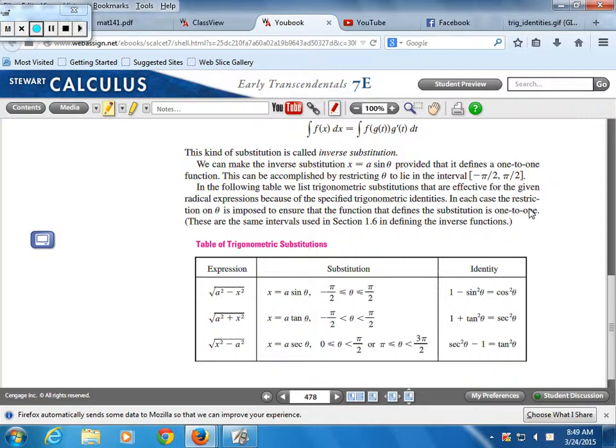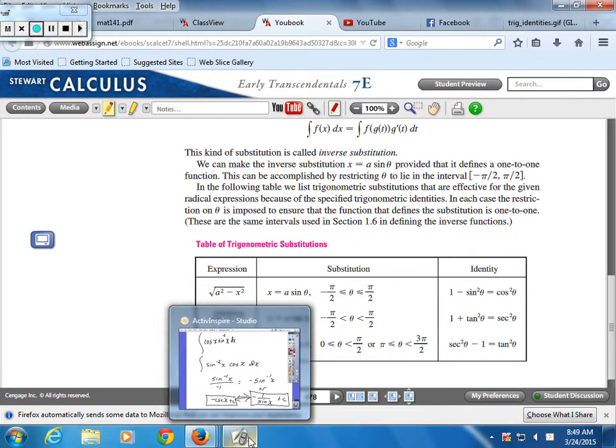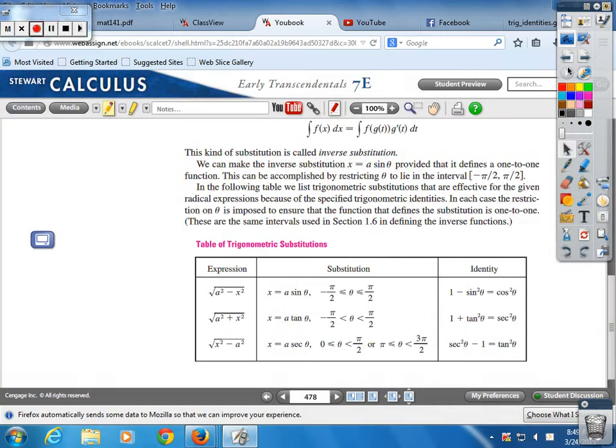So your best way to understand it is doing an example. Make sure you get that down. Hold it up so everybody can get it.